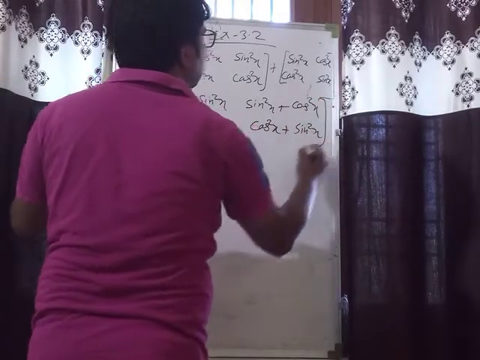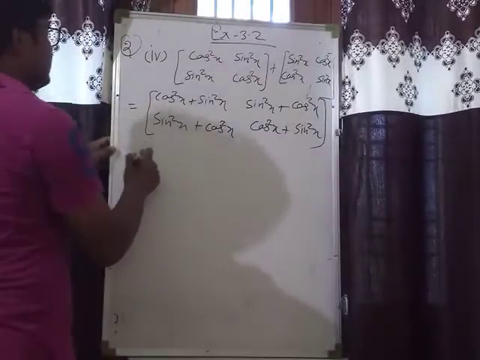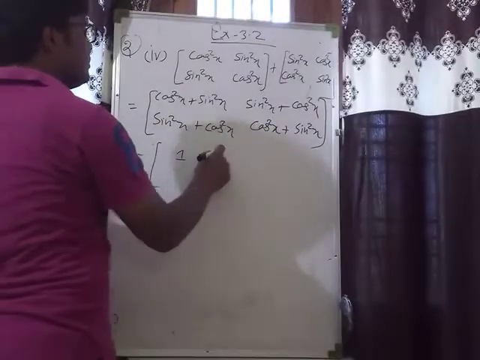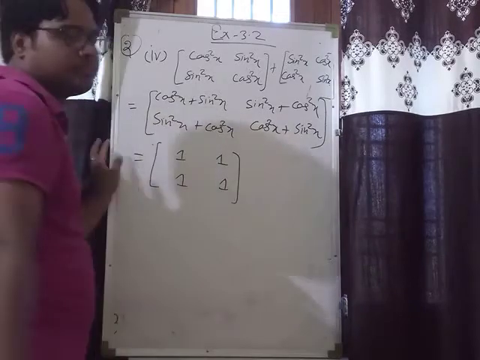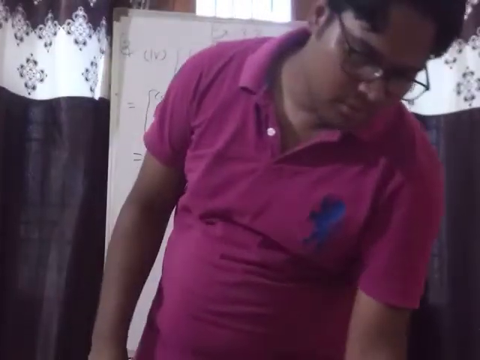And we know that cos square x plus sin square x is 1. So that will be 1, that will also be 1, that is a 1, that is also 1. Okay? So that's very easy.